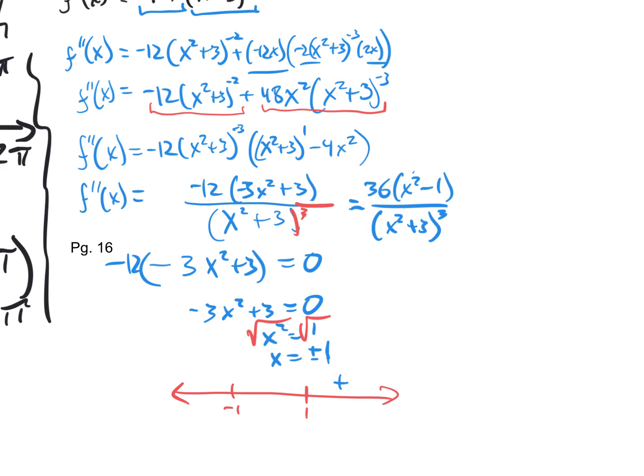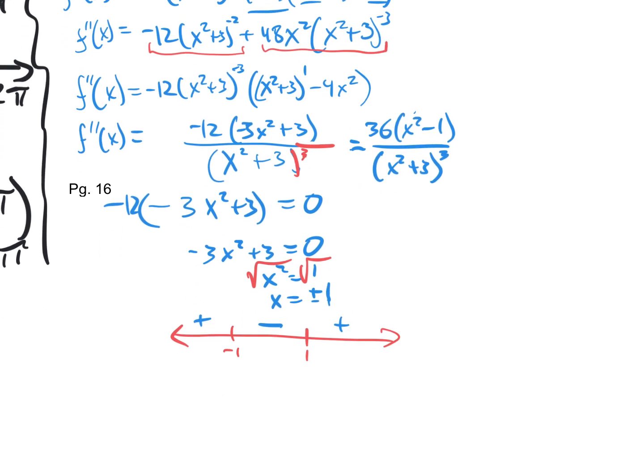Plug in 0. When we plug in 0, the top is negative. The bottom's positive, so negative over positive is negative. Plug in -2. -2 squared is 4, minus 1 is 3, so that's positive. And again, the bottom is always positive. So positive over positive is positive.